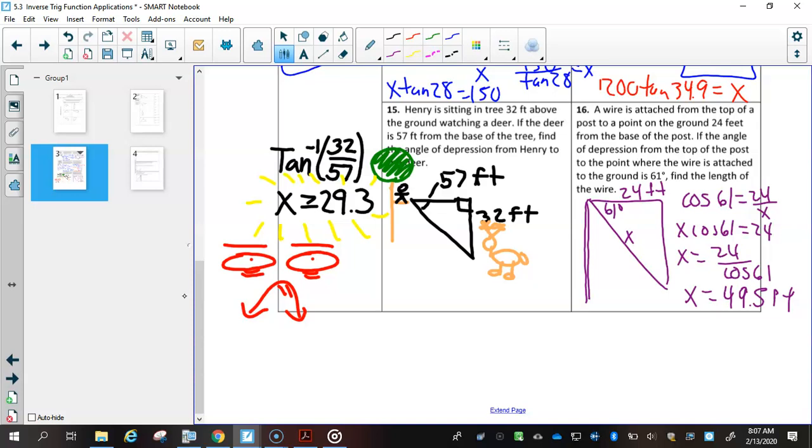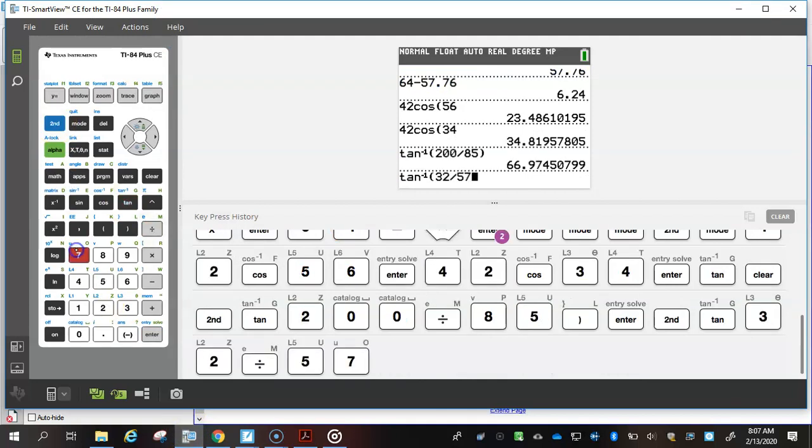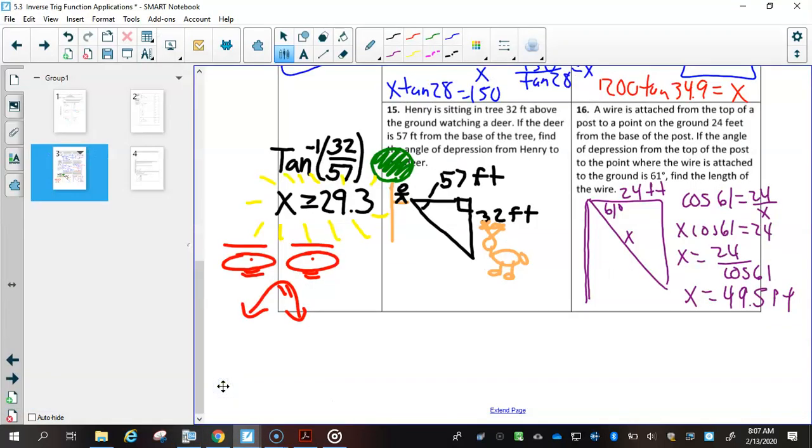I got 60.69. For tangent inverse of 32. Yeah, because I did the same thing, but I thought you were supposed to be 57 over 32. 57 is the horizontal. Wait, can you show me your graph? 57 is the horizontal. Oh yeah, I drew my. So yeah, I was right.